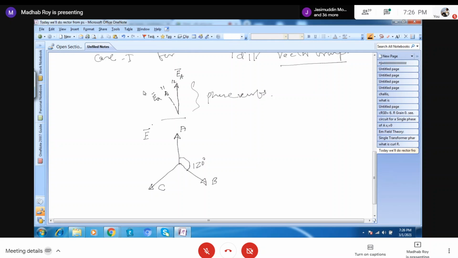Then we know that the similar induced EMF of the primary and the secondary, whatever it may be, high voltage or low voltage, they are in the same phase already. We have reviewed the single phase transformer and found that they must be the same phase.